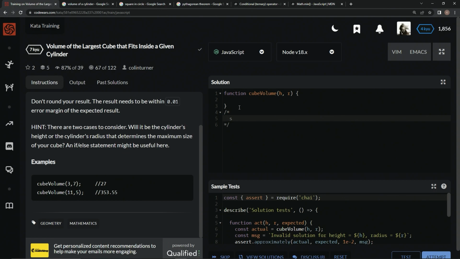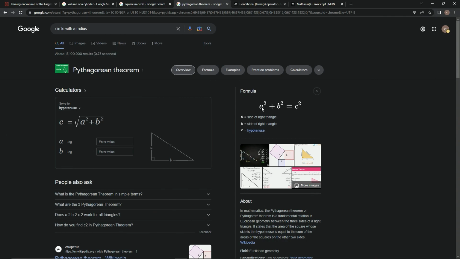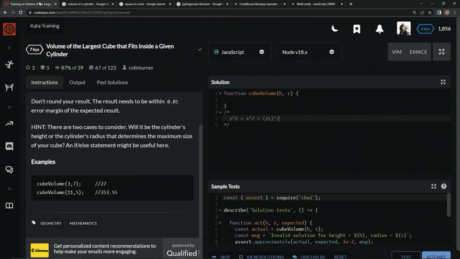So we know s squared plus s squared equals, we know this, 2r, and let's wrap this in parentheses, squared. Okay, we know this is a fact because 2r is going to be the hypotenuse of s, and s squared plus s squared equals c squared, which is 2r squared. So we know this for a fact.